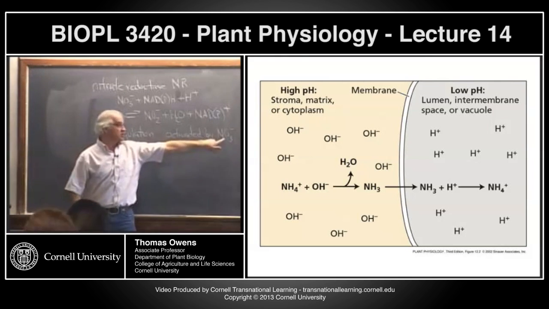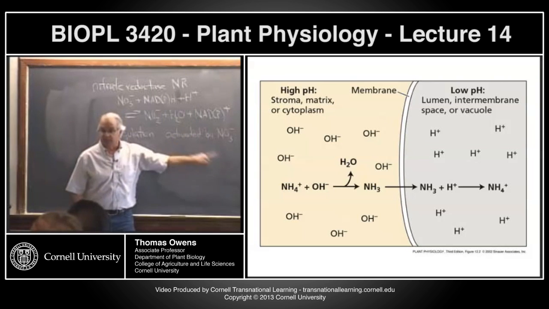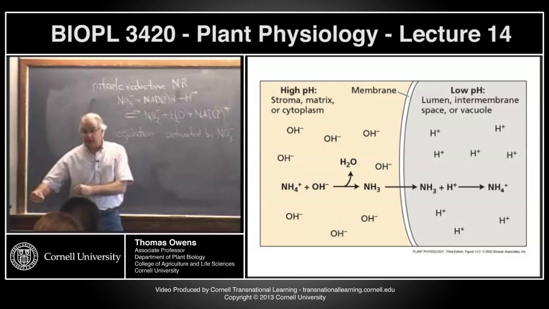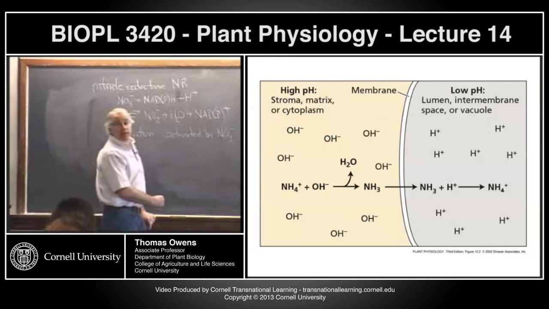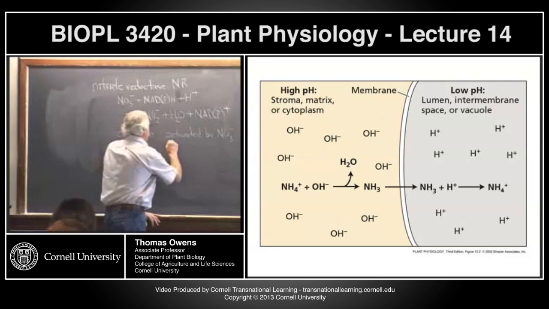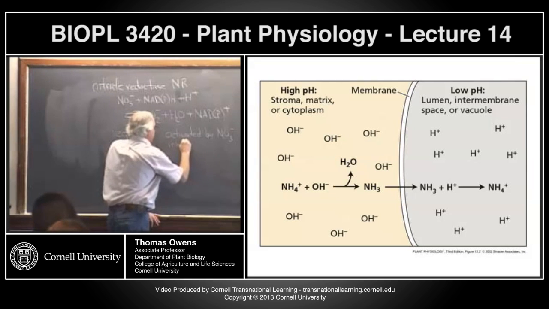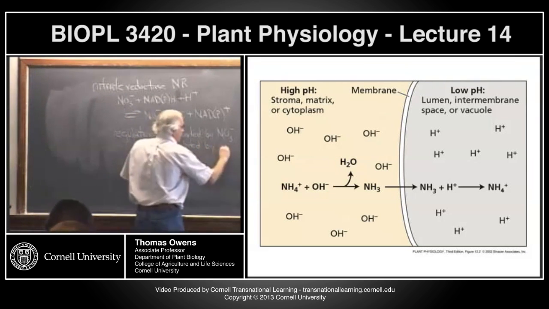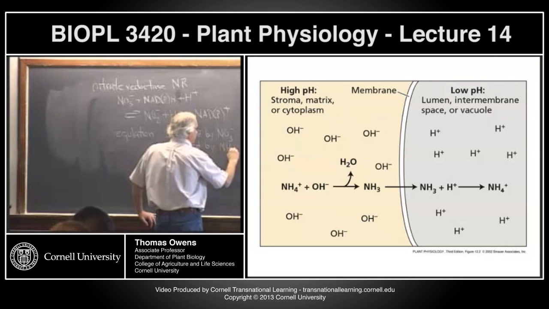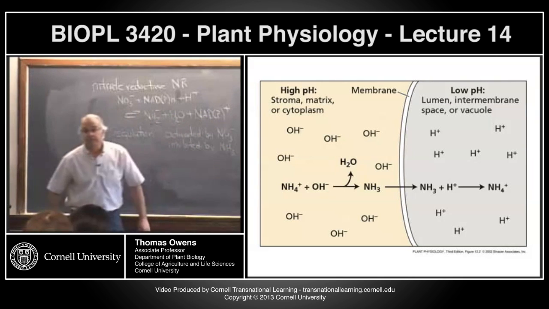That is, there's a regulatory site that the substrate binds at that's different than the active site that turns on the enzyme. The other thing that you might expect is that nitrate reductase is inhibited by ammonia, very effectively inhibited by ammonia or ammonium ion.